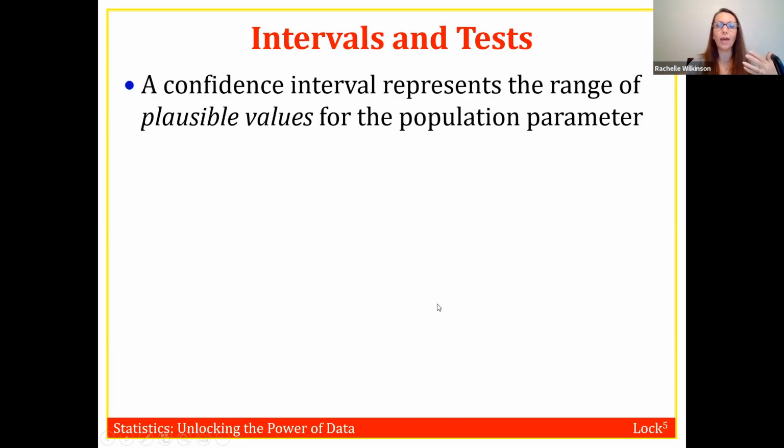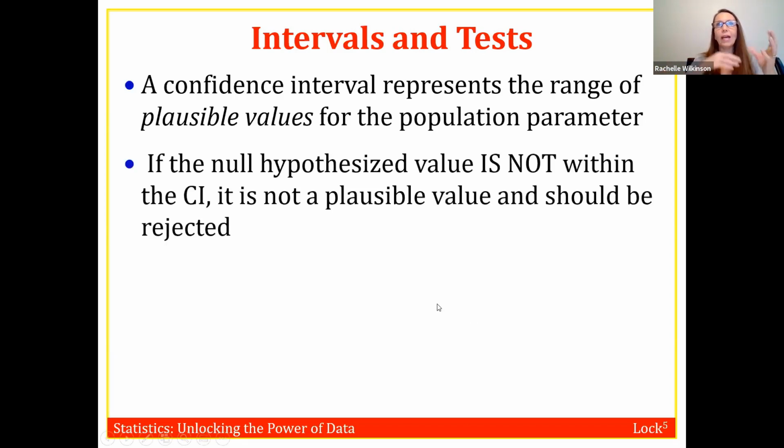So thinking about that, if we have a set of hypotheses and the null hypothesis says, for example, mu equals 5, and we're able to construct a confidence interval and 5 is not in the confidence interval, then 5 would not be a plausible value and we'd be able to reject the null hypothesis, because we would have evidence that mu was not equal to 5 based on our confidence interval.